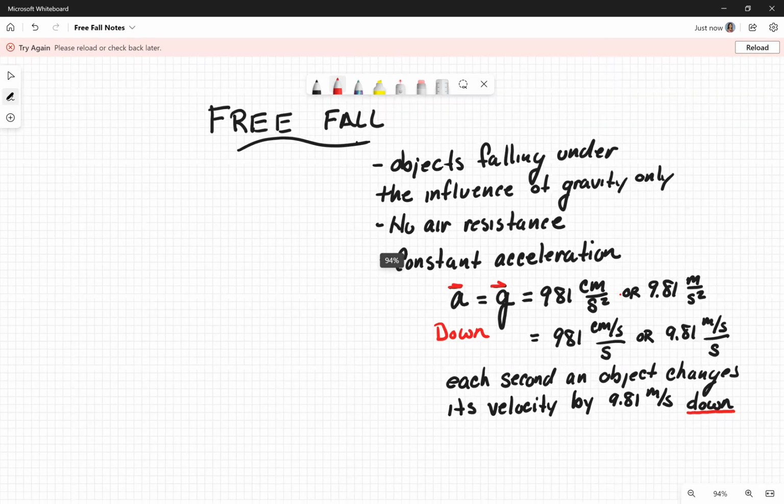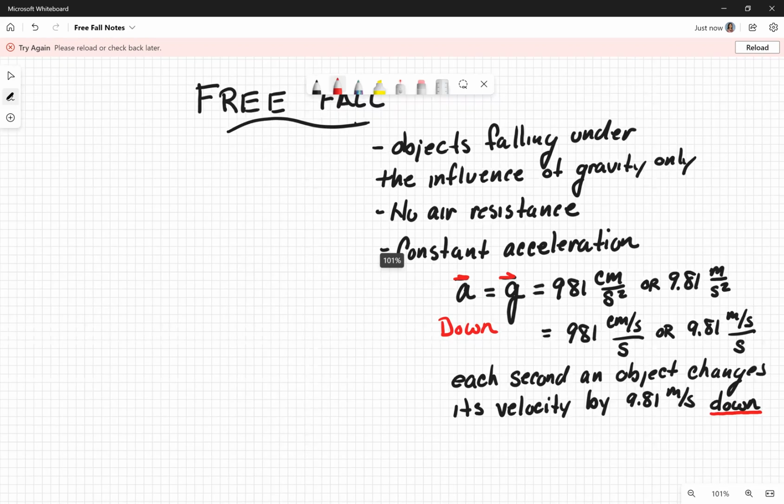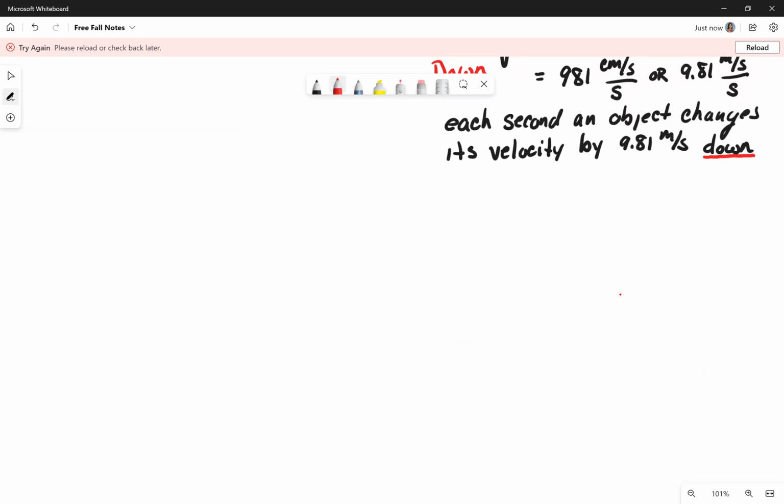So we're going to take a look at three different scenarios: an object dropped, an object thrown up, and an object thrown down. So, objects dropped.